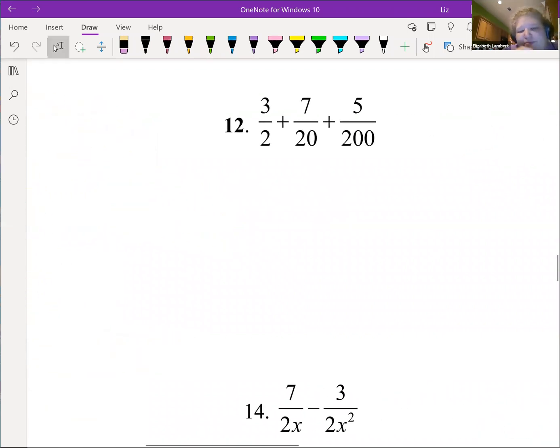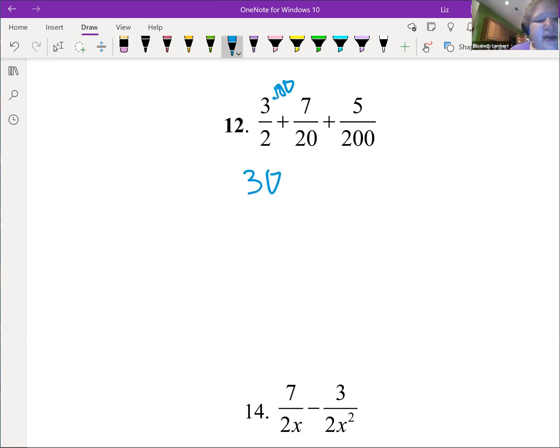Now here, the difference between these is actually like 2 versus 200. I need to multiply by 100. 20 versus 200 is missing an extra 0, so I multiply by 10. So it looks more intimidating than it really is.